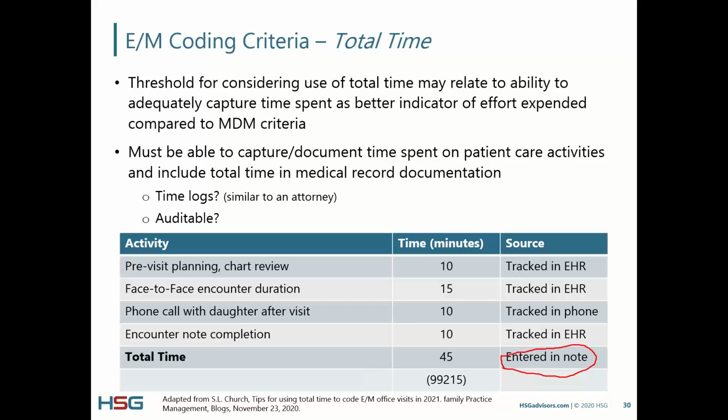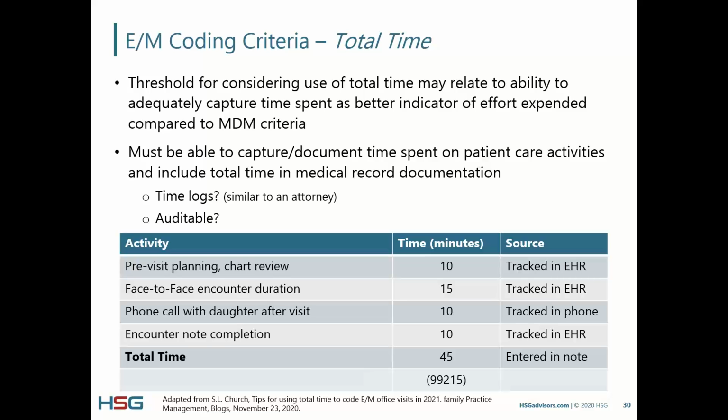So one element in doing that is sometimes our EMR can help us. As we're doing things in the EMR, it can tell us how long we were in the chart doing chart review, how long we spent in the face-to-face encounter if there's a tracking system in place, and how long it took me to do the note.